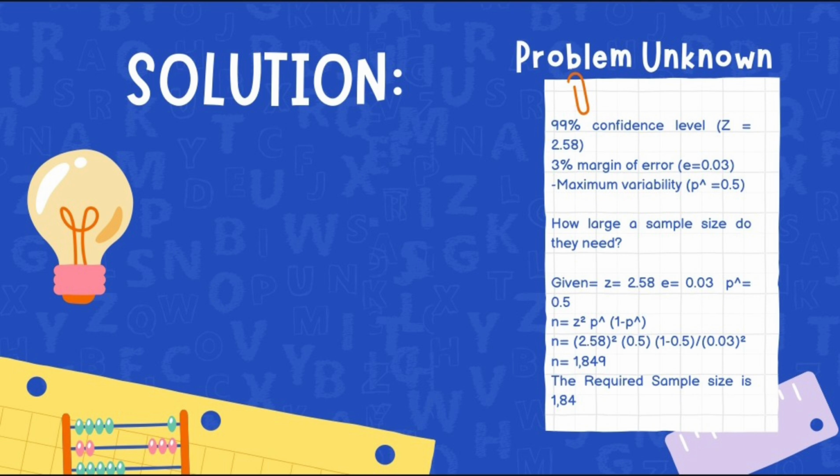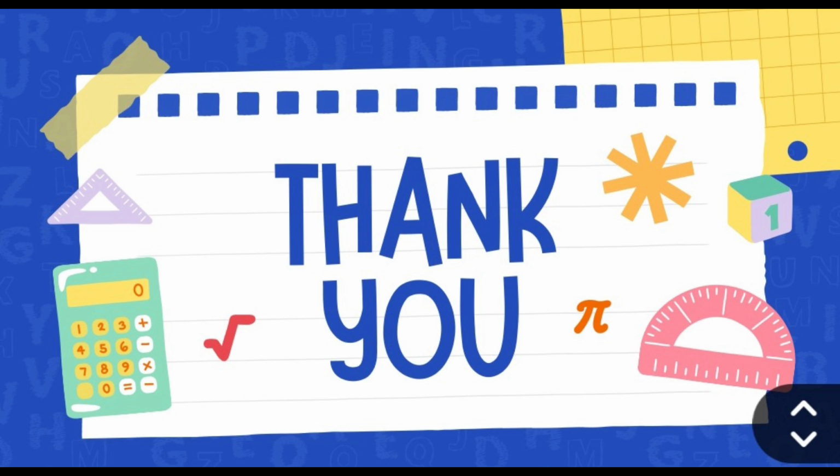So let's distribute. n is equal to 2.58 squared multiplied by 0.5 multiplied by 1 minus 0.5 and divided by 0.03 squared. So the final answer will be 1,849. But there is a little problem in the PowerPoint, so let's correct it. The required sample size is 1,849 satisfied customers.